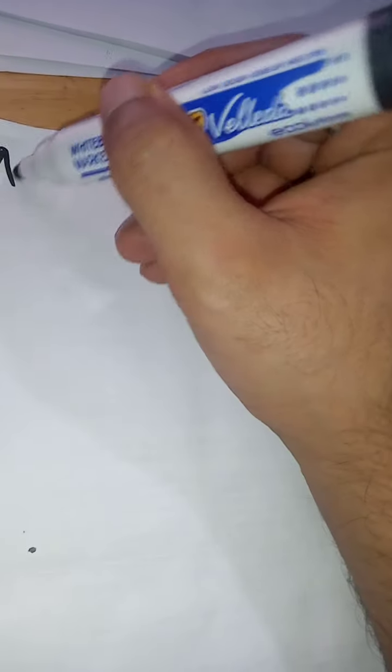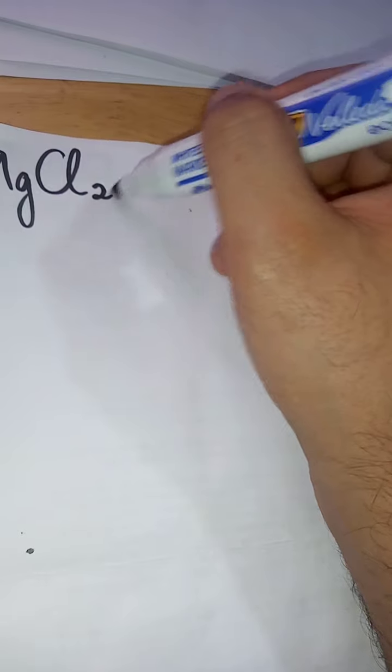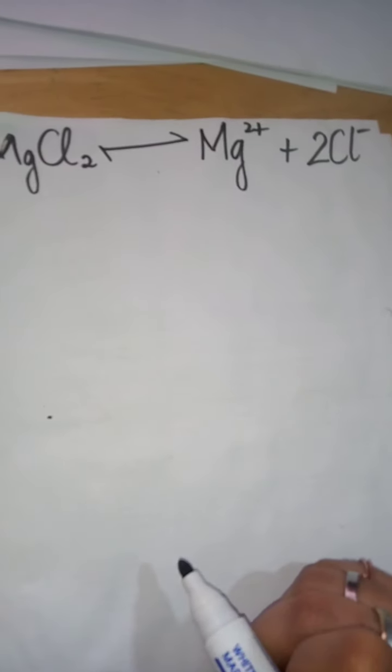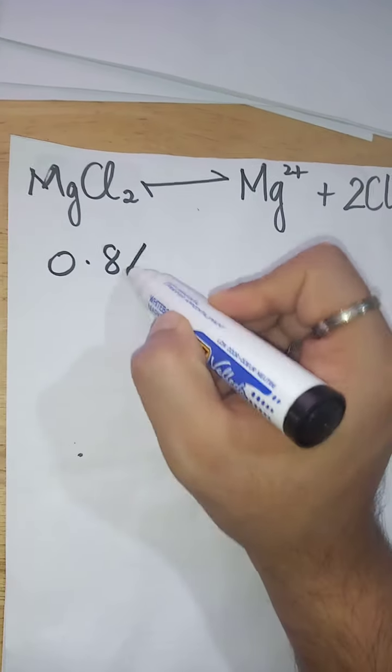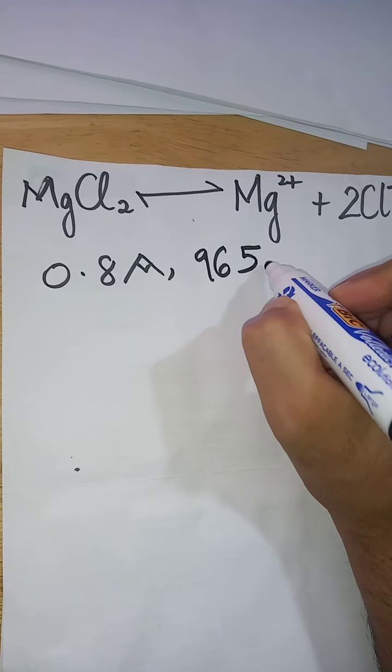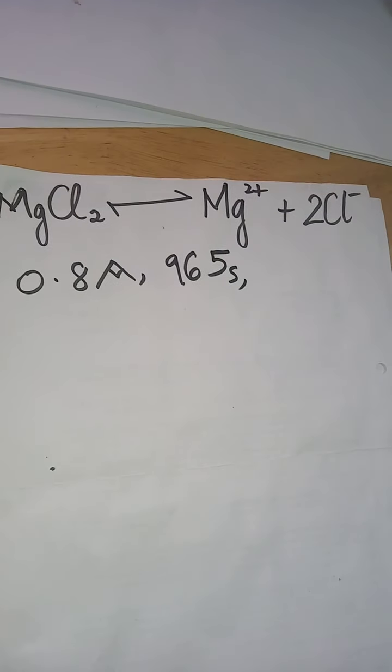The other example I'd like to take is when molten magnesium chloride is electrolyzed. It uses a current of 0.8 amps for 965 seconds. Again, it is trying to simplify things for you.